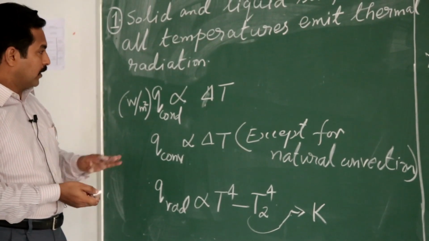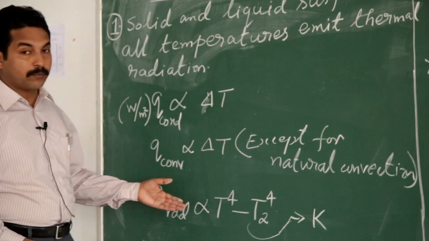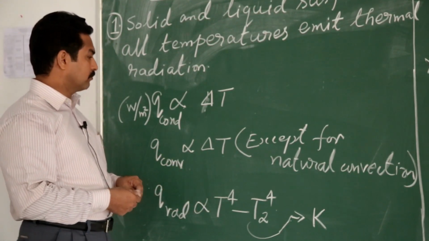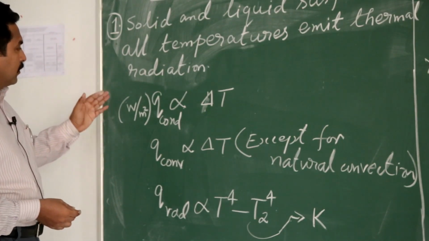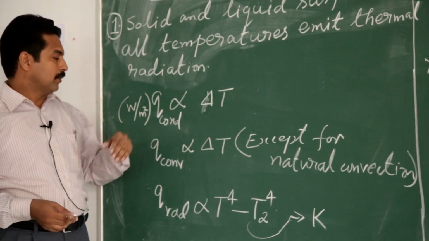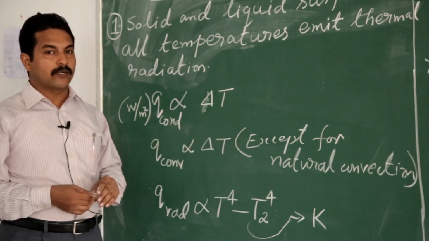Another thing is the non-linearity, because when the temperature is raised to a power, the non-linearity increases in this case. In conduction, the heat flux is proportional to the change in temperature. In convection also it is proportional to the change in temperature, except for natural convection.